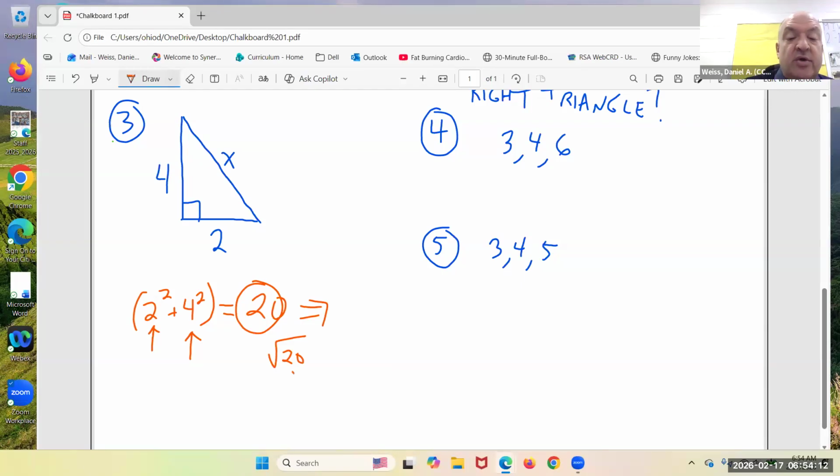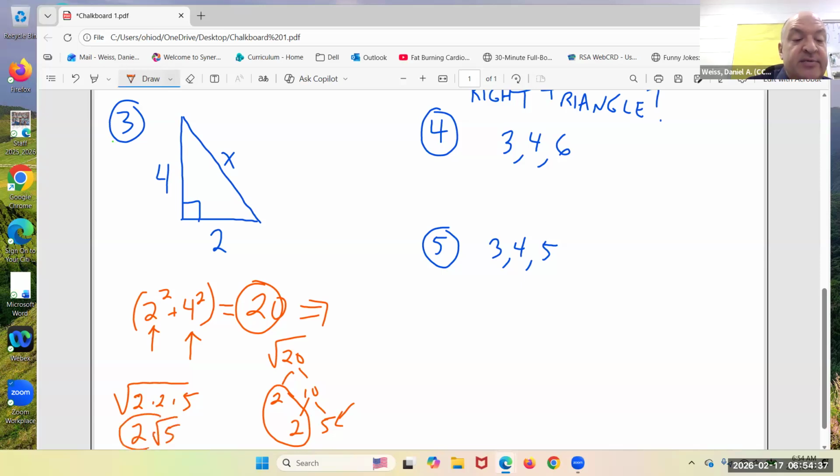Well, here is where you have to break down 20. 2 times 10, 2 times 5, and you have 2 times 2 times 5. So you have the square root of 2 times 2 times 5. So 2 comes out and square root of 5, and that's your answer. Okay? So that's how you do it here.